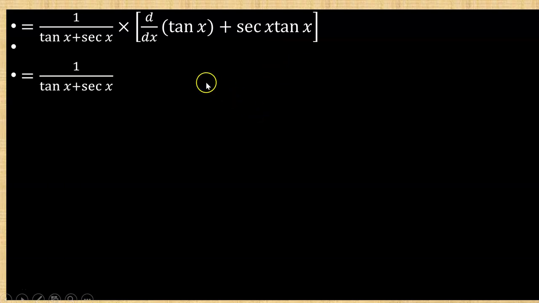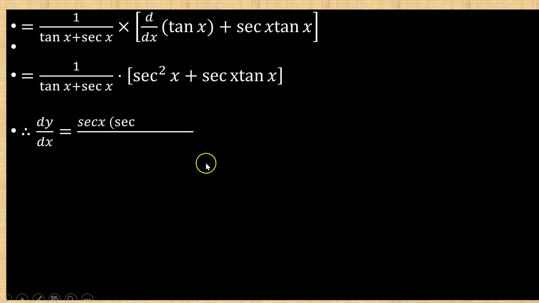In the next step, we write the derivative of tan x, sec square x plus sec x into tan x. Take sec x as common, and then in the bracket you will get sec x plus tan x.